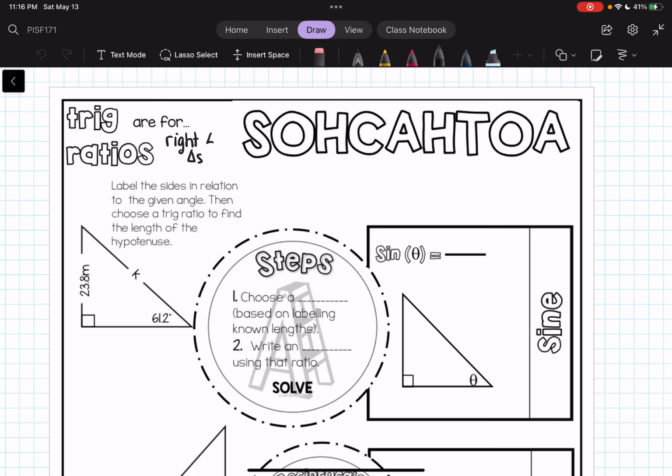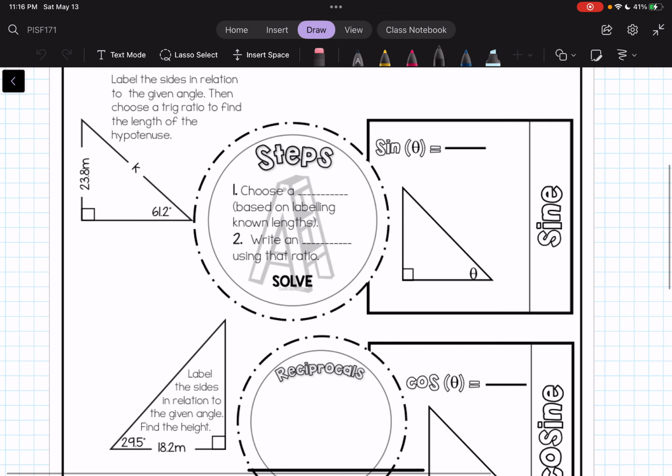So we're going to look first at the right-hand side of our page, and we are going to label the sides of the triangle with respect to the angle that we're concerned with.